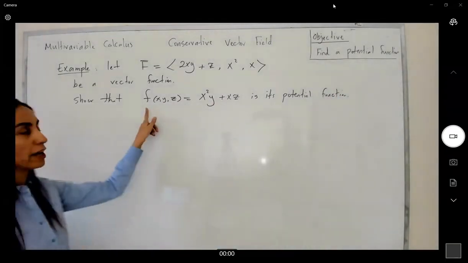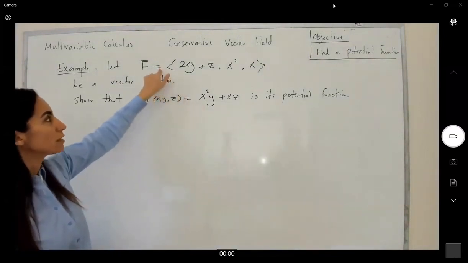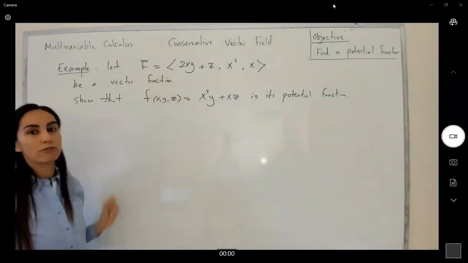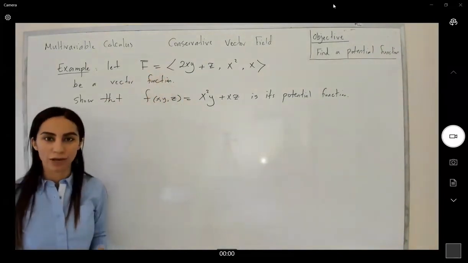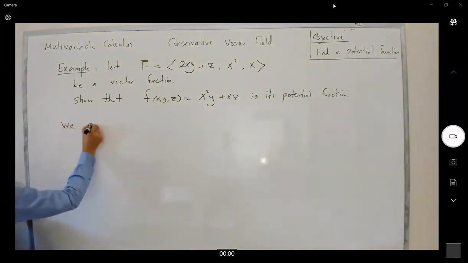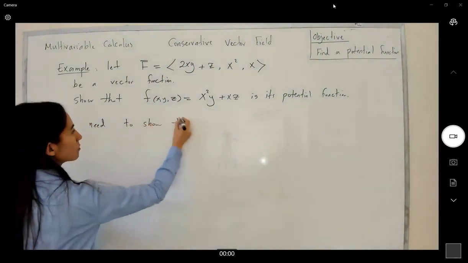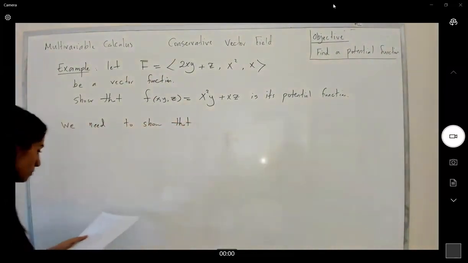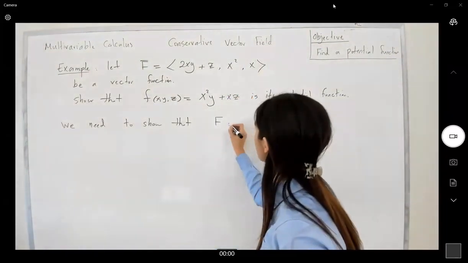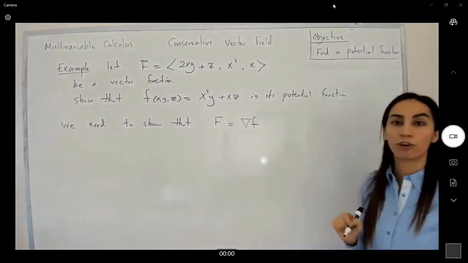So if f is a potential function for this vector function, it means that there is a connection between these two functions using the gradient. So we need to show that your vector function F is equal to the gradient of this scalar function f.